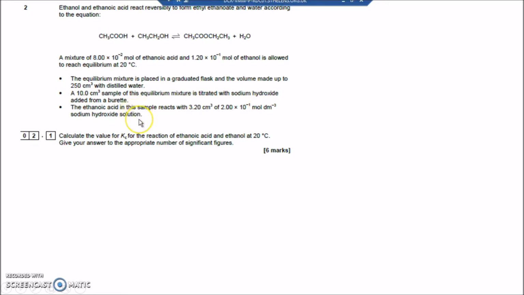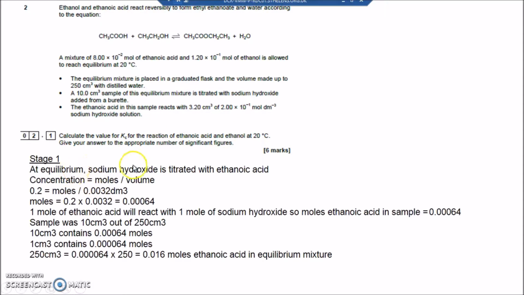of sodium hydroxide. So the very first step before we start unravelling this is that I've got a volume and a concentration of sodium hydroxide. So first of all we need to work out moles. We wouldn't be given a volume and concentration unless we needed to work out moles. So let's do that. Sodium hydroxide is titrated with the ethanoic acid. Concentration is 2 times 10 to the minus 1, or 0.2. Concentration is moles divided by volume.